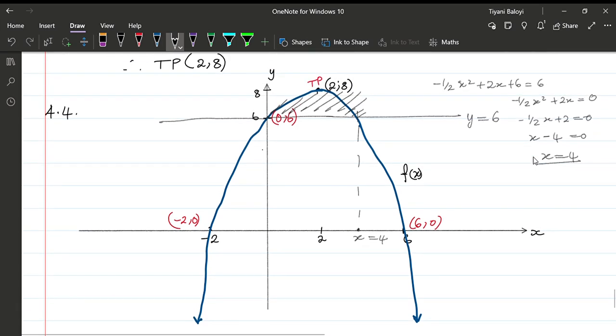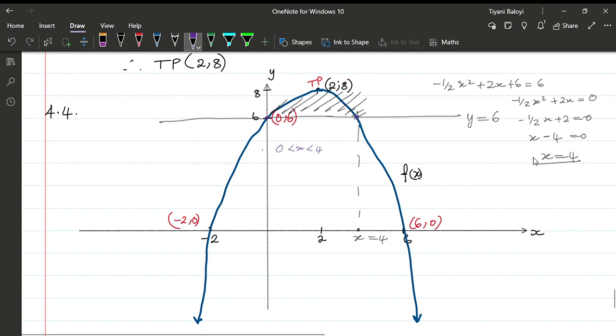So for y values greater than 6, the x values where that occurs are between 0 and 4, right?